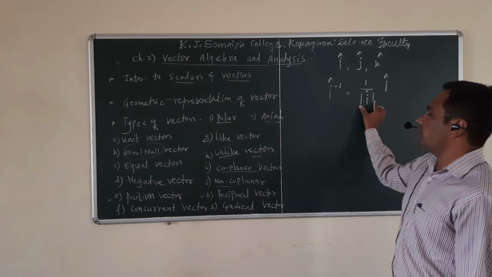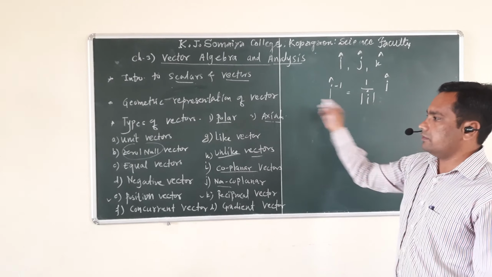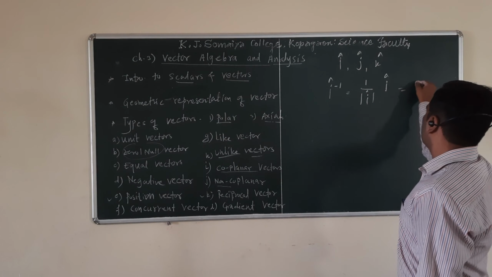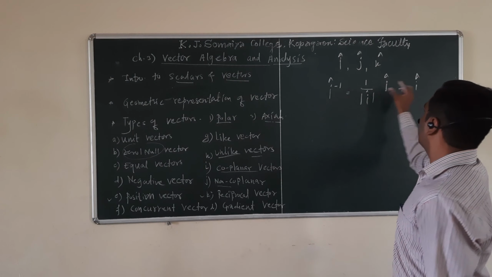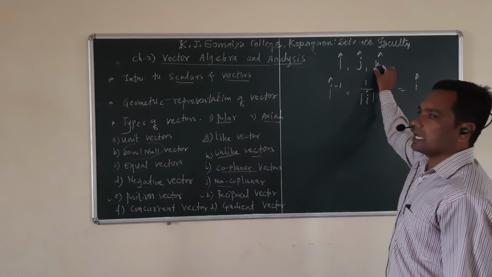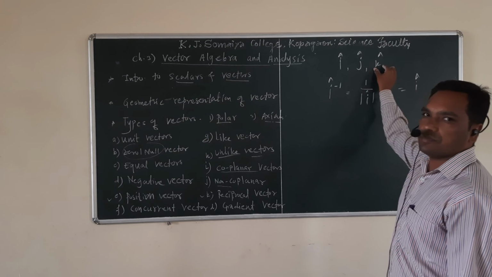The magnitude of a unit vector is 1, as we already studied in unit vectors. So this is nothing but i cap. So i cap inverse is i cap. Similarly for j cap and k cap. That's why i cap, j cap, k cap are known as self-reciprocal vectors.